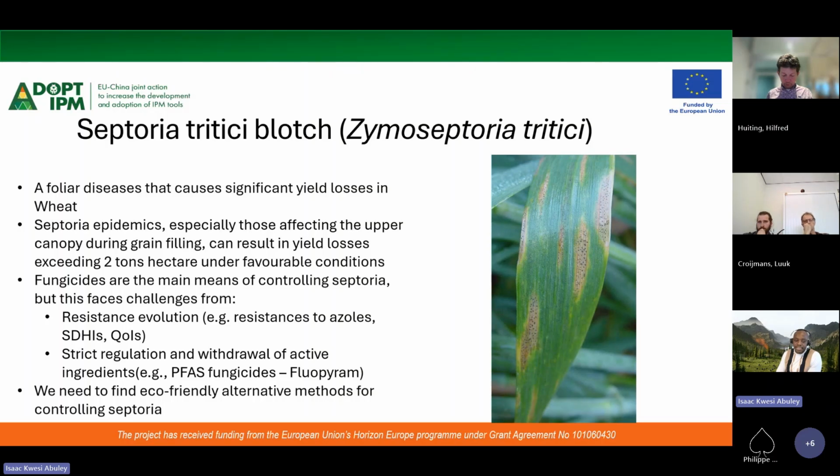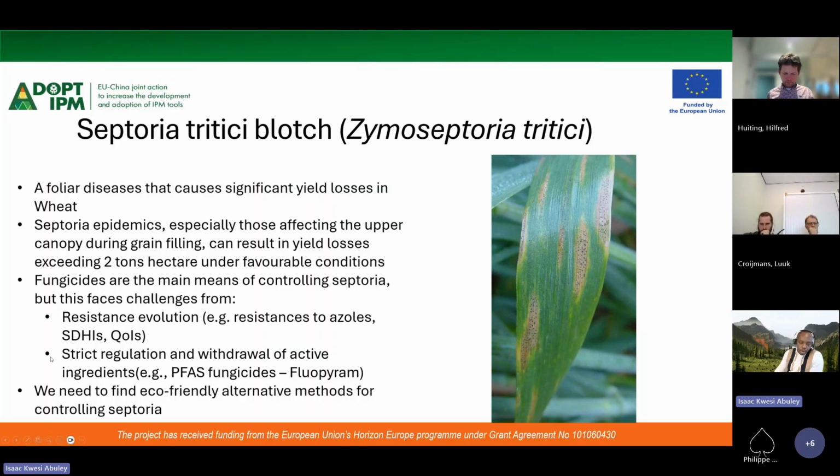The other problem is the withdrawal of fungicides. Recently in Denmark, PFAS fungicides are to be withdrawn from the market. An example is fluopyram, a major fungicide used against septoria. Many more fungicides have been delisted for other reasons. So although fungicides are relevant, their use is challenged by resistance and by regulations restricting their use or withdrawing their actives.